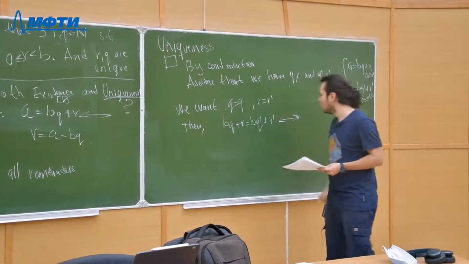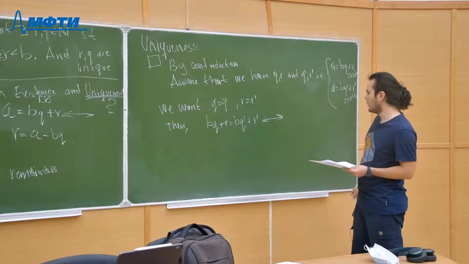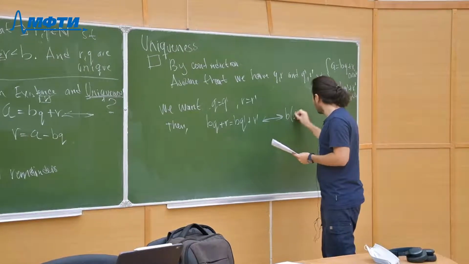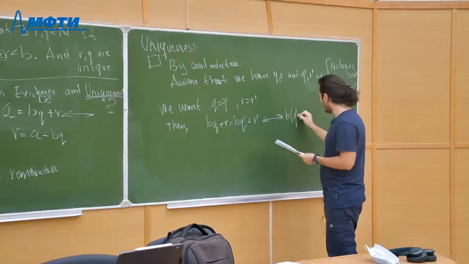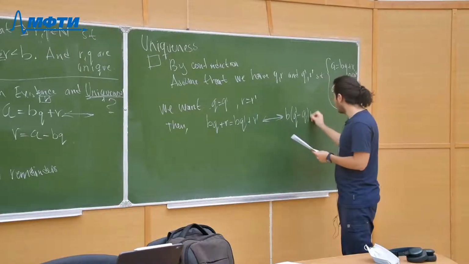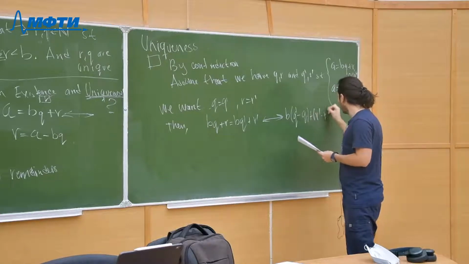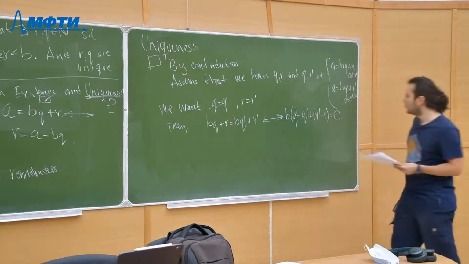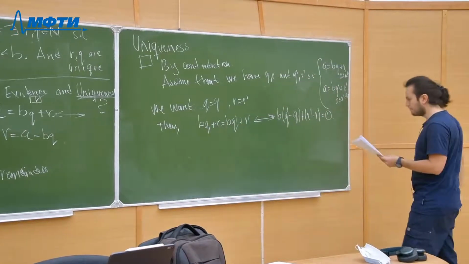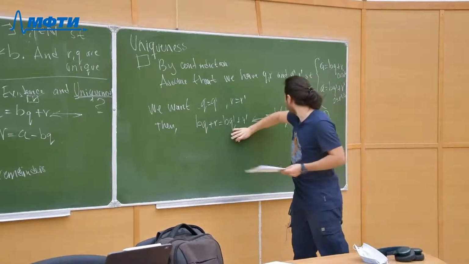So it means that b times (q prime minus q) plus (r prime minus r) is equal to 0, right? We just put all these elements to this side.